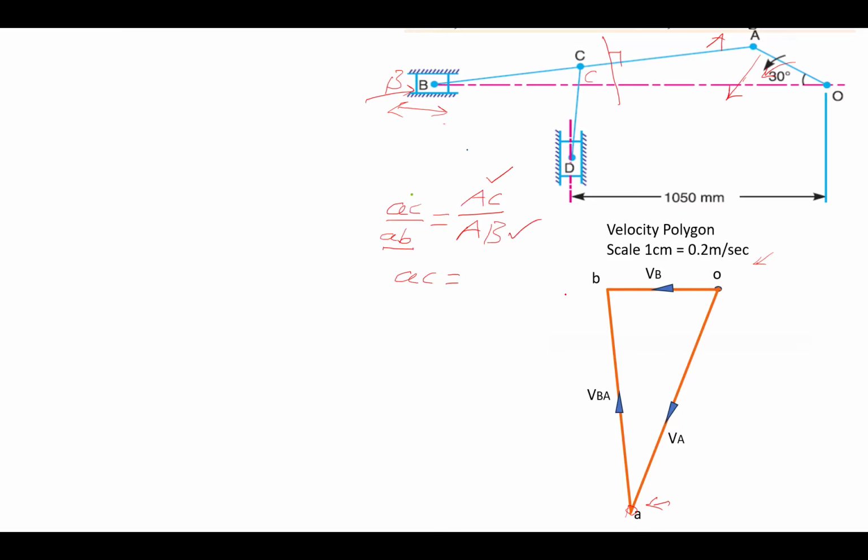The small ab, you have to measure from this vector line, measure this distance A to B. That distance you have to use as small ab. So you will get the small ac in centimeters, and that you have to mark on the ab vector because the C point is appearing on the AB link. So similarly, your C point will come on the ab vector. So we have located the C point by using this formula.